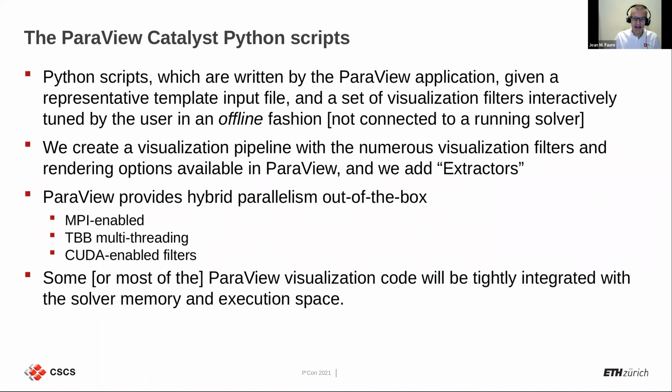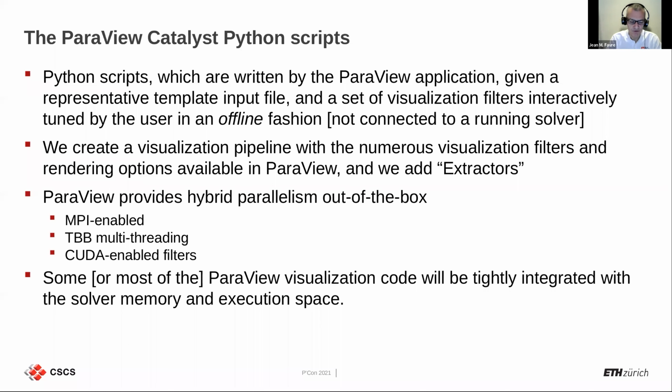The ParaView-Catalyst Python script is something that the application itself, ParaView, will write for you. Now, usually, this is how we operate. We take a representative template file on disk of what our simulation is going to produce.